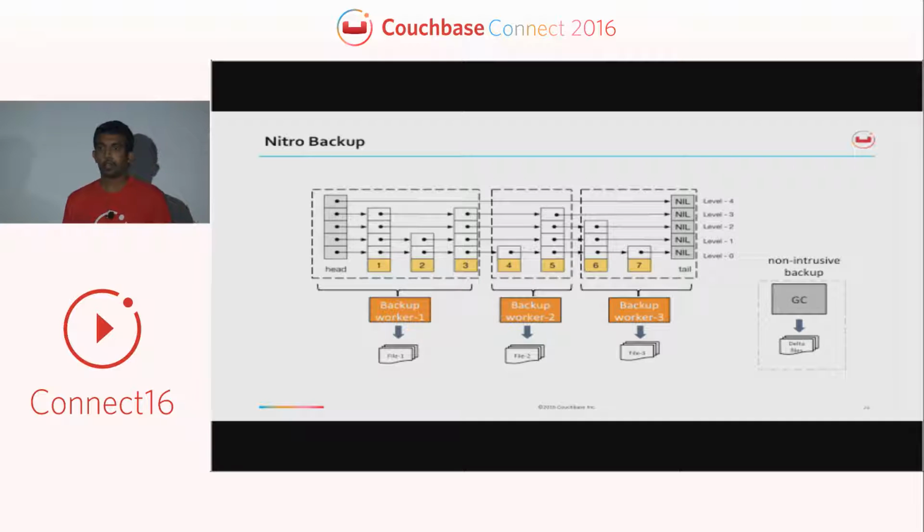So whenever a crash happens or if you shut down the Couchbase server and try to restart and recover, instead of rebuilding the index from scratch, we have a mechanism to do backup. So the backup is also concurrent.